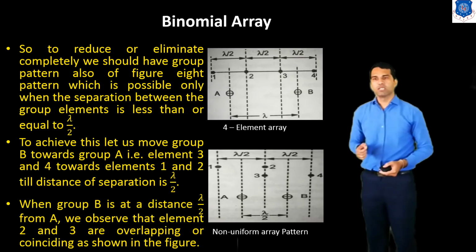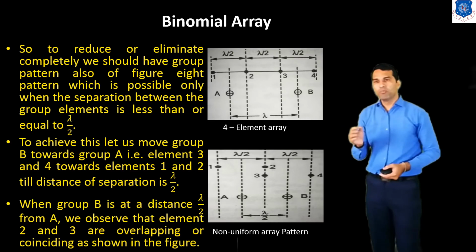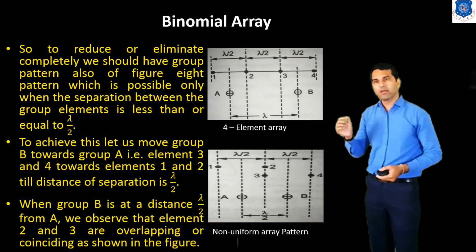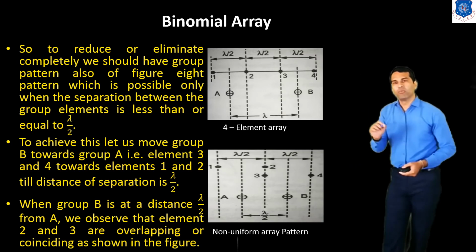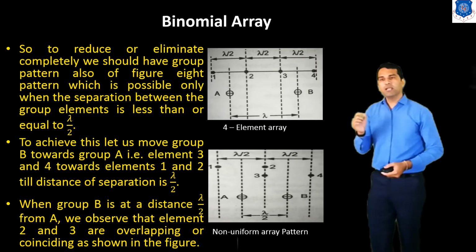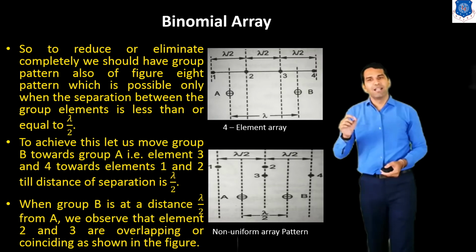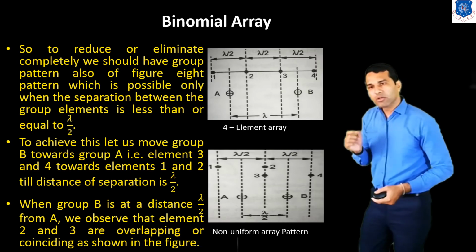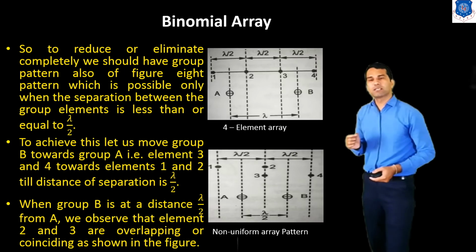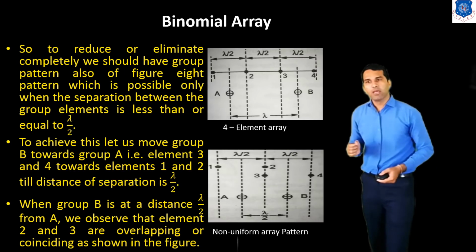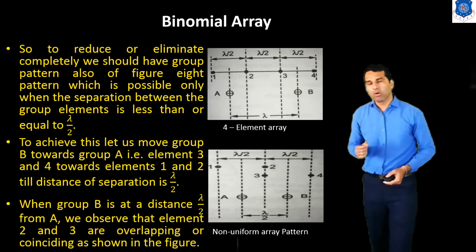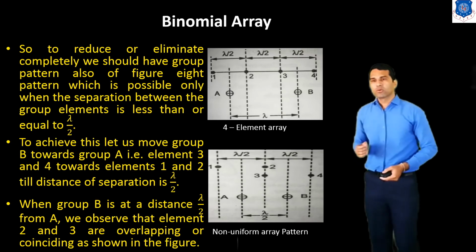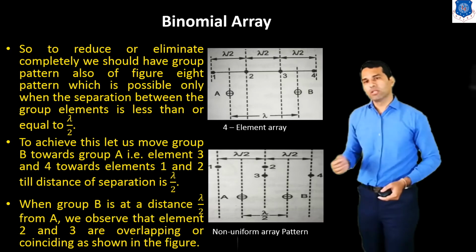So to achieve this, let us move the group B towards group A, the elements 3 and 4 towards the elements 1 and 2, till the distance of separation is lambda by 2. When group B is at the distance lambda by 2 from A, we observe that the elements 2 and 3 are overlapped or coinciding as shown in the figure.